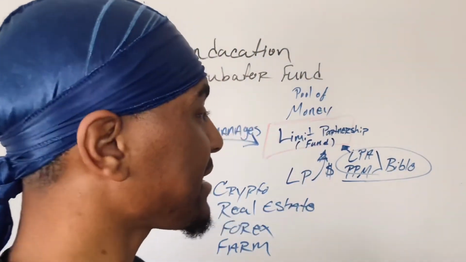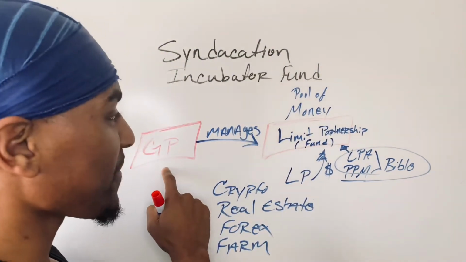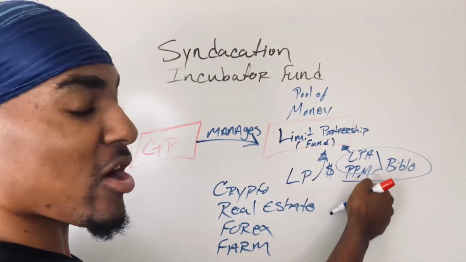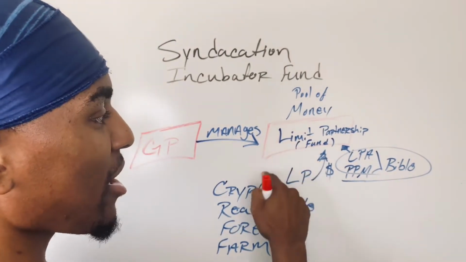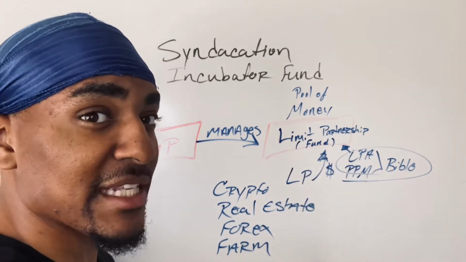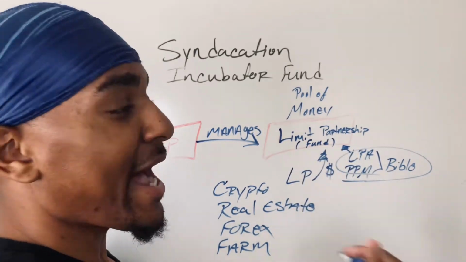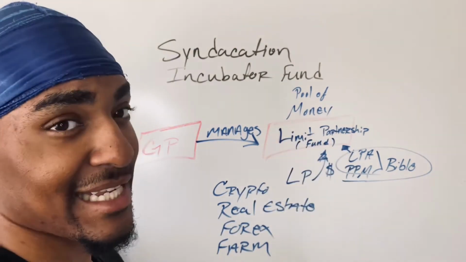And the thing about this is that you, as the general partner, get to write or draft these documents, right? So you get to tell the limited partners or the limited partnership what's going to happen with the funds, what you're going to invest it into, how you're going to invest it, how much. You're going to be able to break down the ROI and things like that.